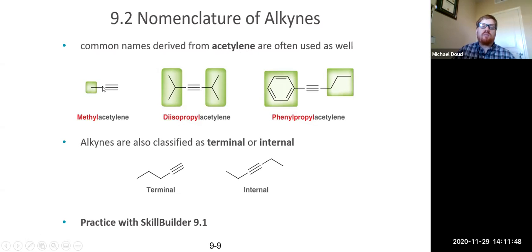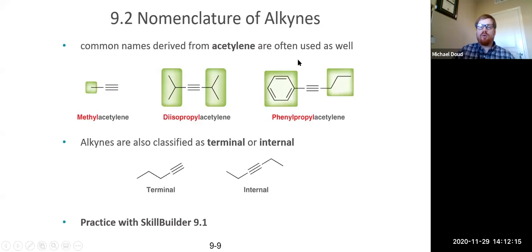For example, if you stick a methyl group on one side, it becomes methylacetylene. Or if you put two isopropyl groups, it would be diisopropylacetylene. And then finally, you could have phenylpropylacetylene. That's where you have a phenyl on one side and a propyl on the other. Again, I'm not going to expect you to do that for me, but it may show up every so often in the real world. So I want you to be aware of that.